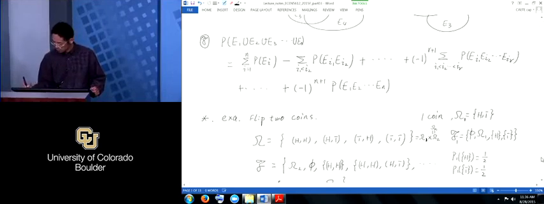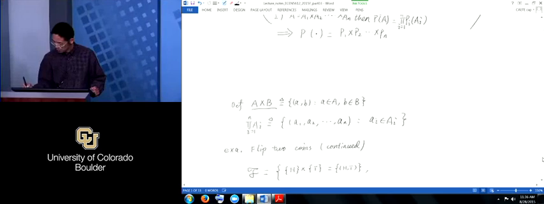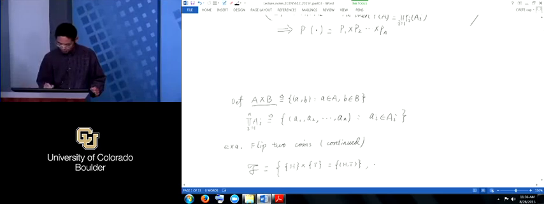So it's omega 1 multiplying omega 2, and equals to, this is H, T, the product of H and T, and equals to head, tail.